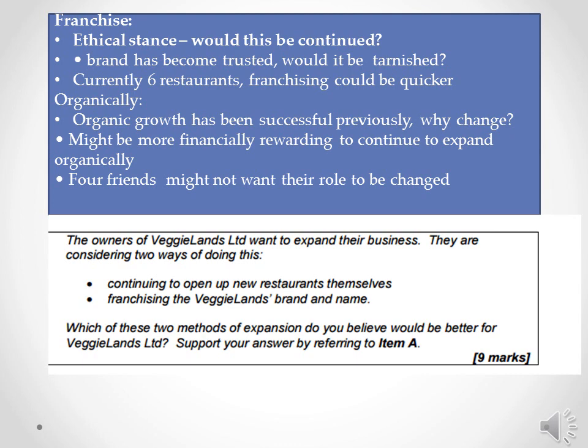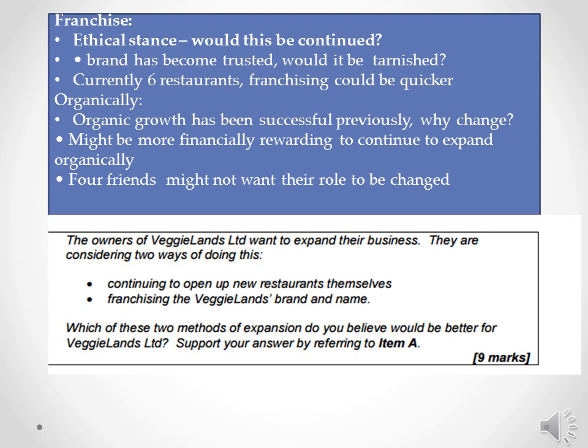They're the ones that are going to get 100% of the profits, and it's not going to be shared out within the franchise. The 4 friends, they've started the business, they own the business. If you go down the franchising route, their model will be changed. Okay, so you could talk about that.